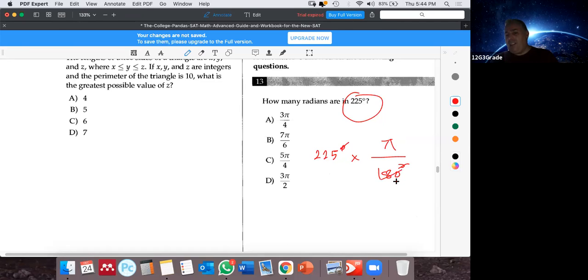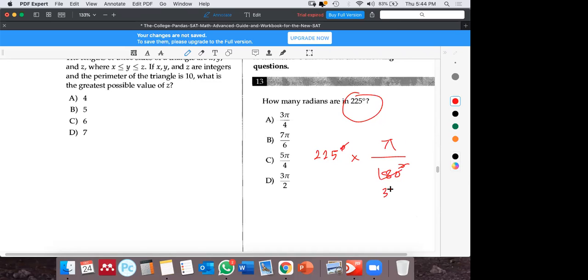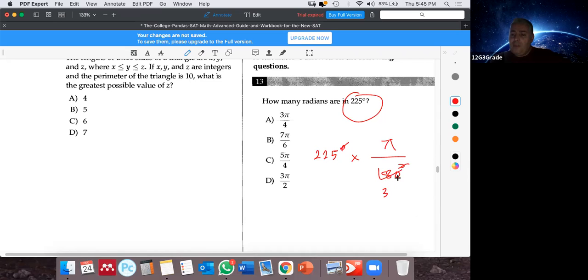If I divide by 5, it will be 45 over 36. Can I divide by 3? Let me divide by 3, it will be 15 over 12. Divide by 3 again, 5 over 4. So 5 pi over 4. So it is here. Okay.